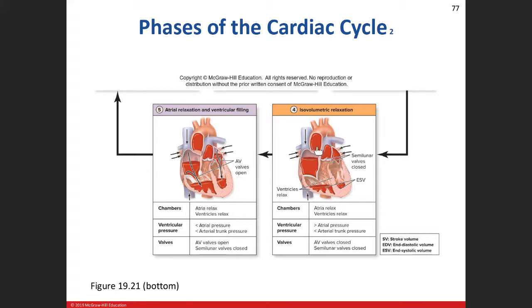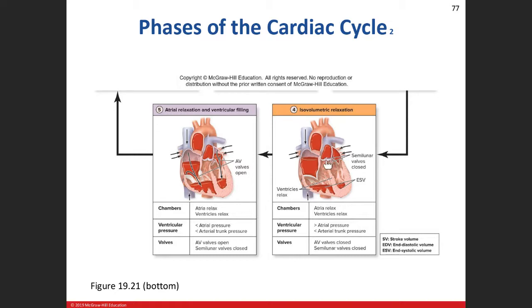So in the isovolumetric relaxation, the atria are still relaxed, but they're filling. They've been filling this whole time. But the ventricles now are also relaxing. So as the ventricular pressure starts to fall, the pressure becomes less than the arterial trunk pressure.